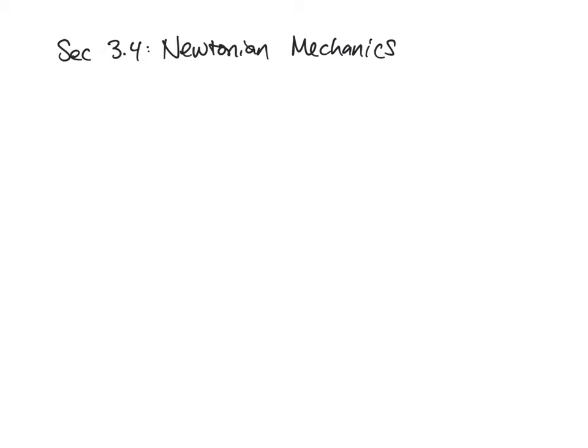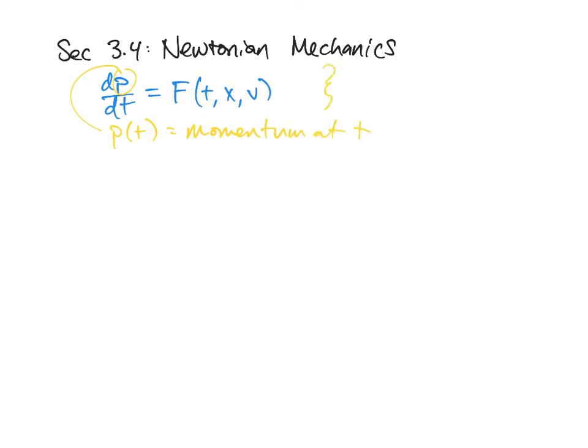So we're going to write that like dp/dt equals the forces, so F is forces, which depends on the time, the position of the body, and the velocity of the body. And P here is the momentum at time t. And this all is Newton's second law.